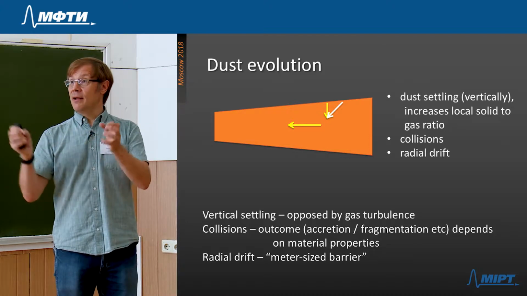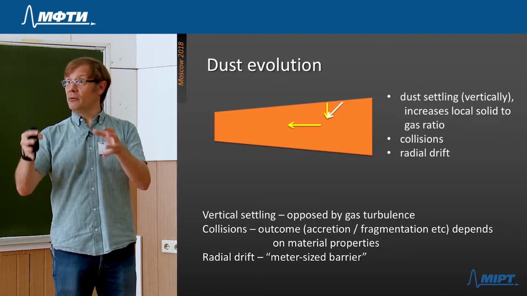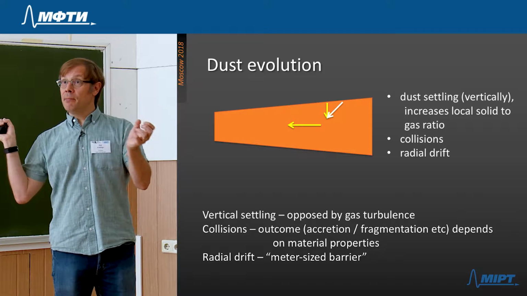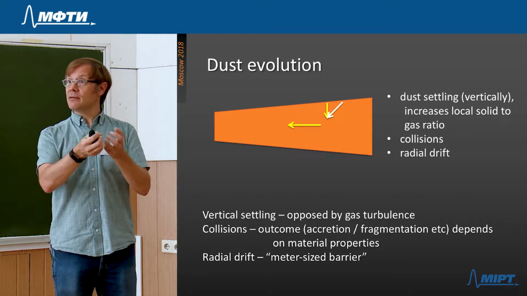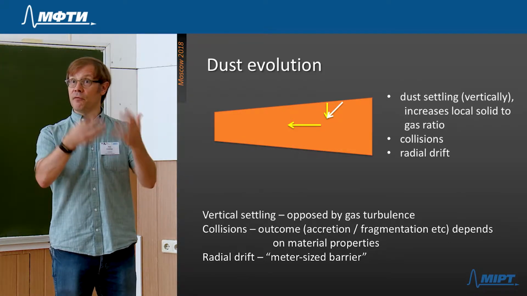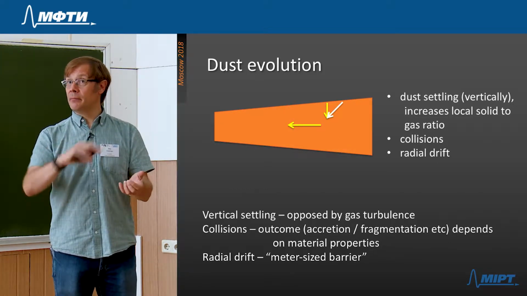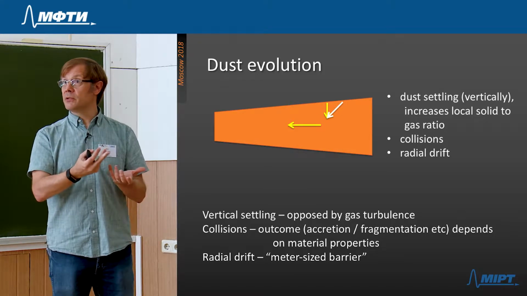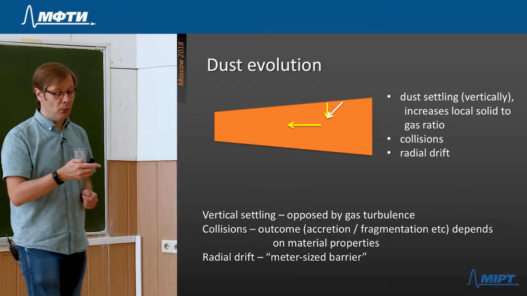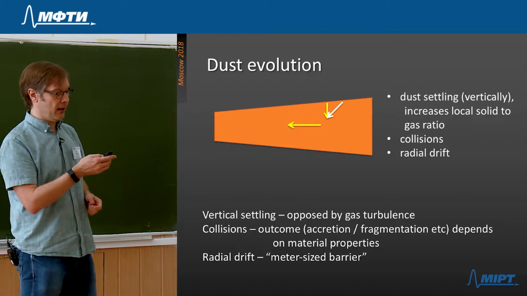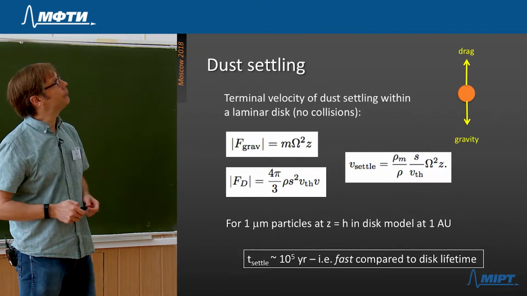But it means this boulder will be moving forwards with respect to its local gas, so it will feel a headwind. That gives an aerodynamic drag, it will lose angular momentum, and it will start spiraling in towards the star. We'll work out how that goes a little bit later.